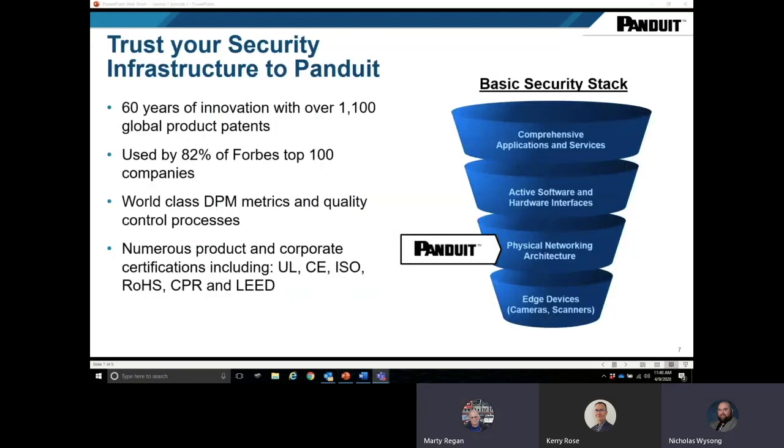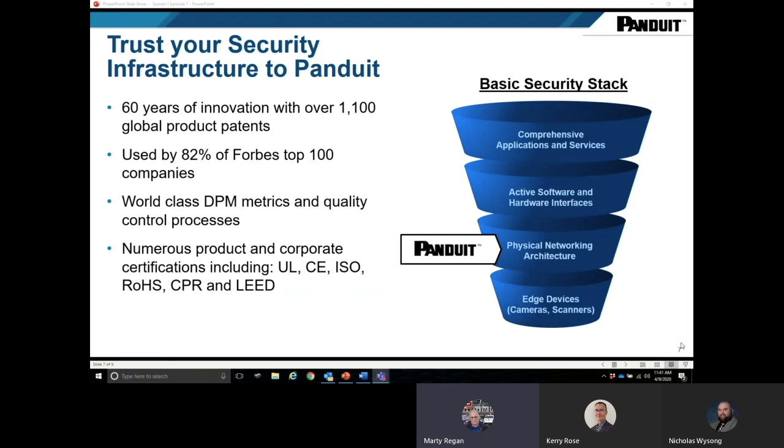Thank you, Nick. The physical infrastructure is a key part of the basic security architecture, as you can see from the security stack in the slide. Protecting assets from unauthorized access is a key element of Panduit's building block approach to network deployment. Further in the series, we'll detail products that support the install of a physically secure as well as an environmentally secure network.